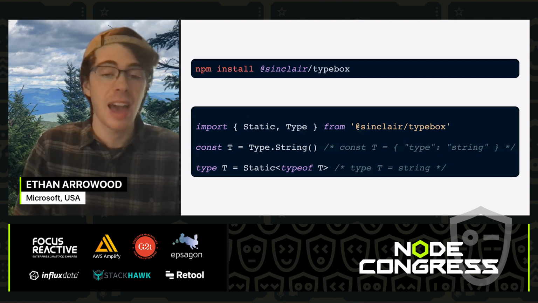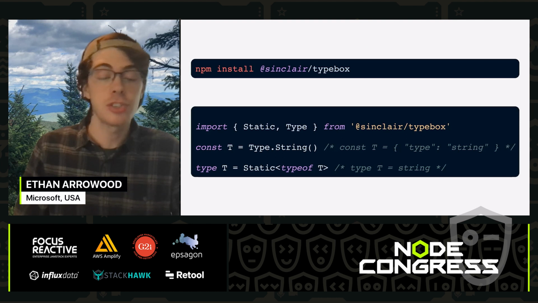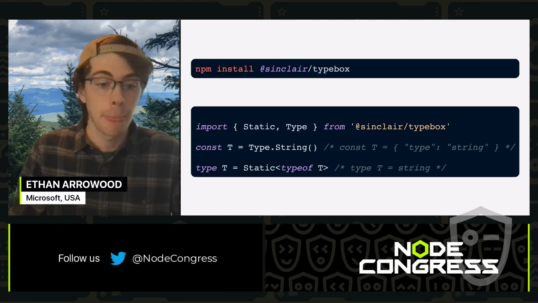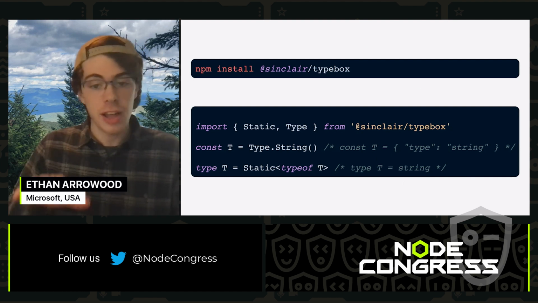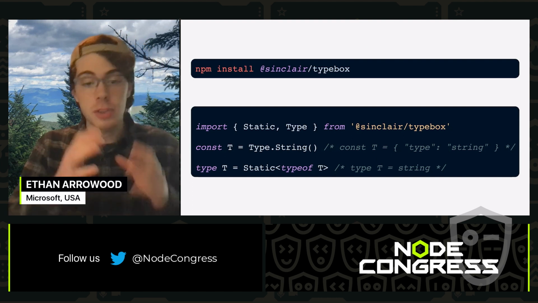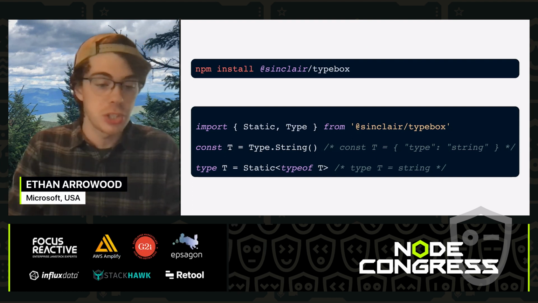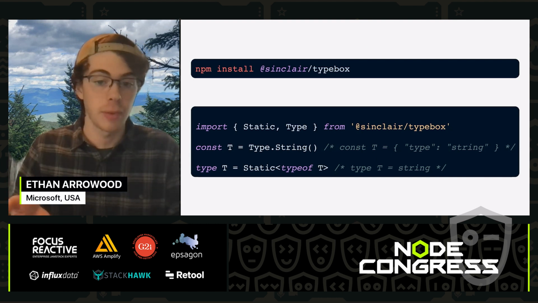TypeBox is a fantastic library that allows you to not only define JSON schemas using a Fluent-like API, but also derive a static type of that JSON schema in your TypeScript code. So given this very basic example, you can see on the second line, const t equals Type.String.